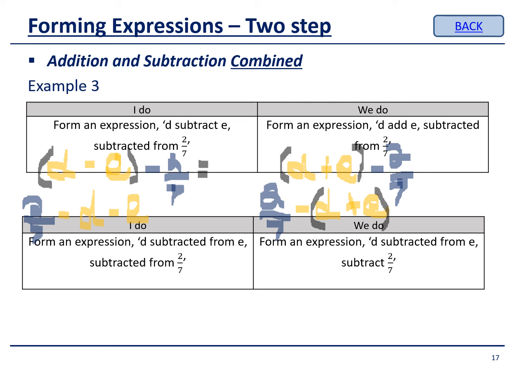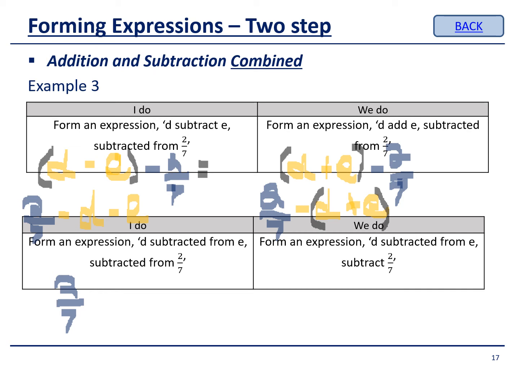Next one then. Form an expression: D subtracted from E, and then subtracted from 2/7. As always, careful how we read it. We need to start with 2/7, because the D subtracted from E is subtracted from 2/7.